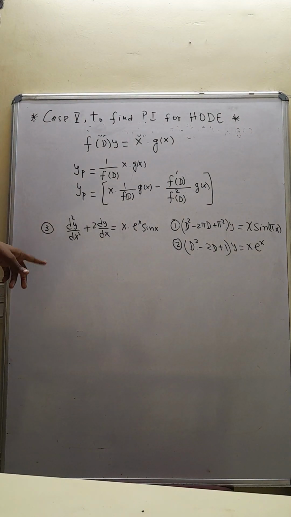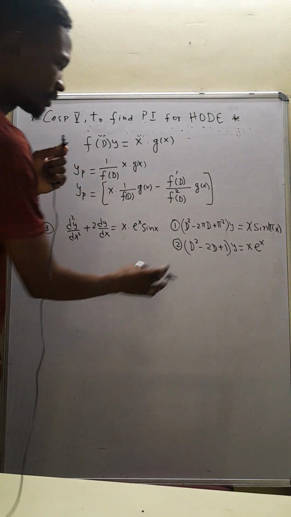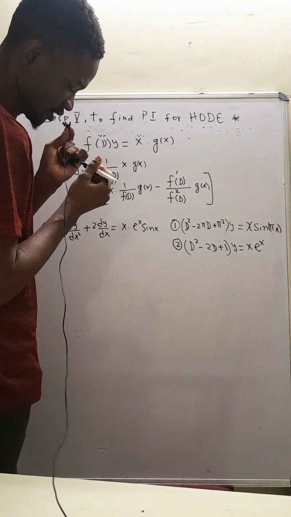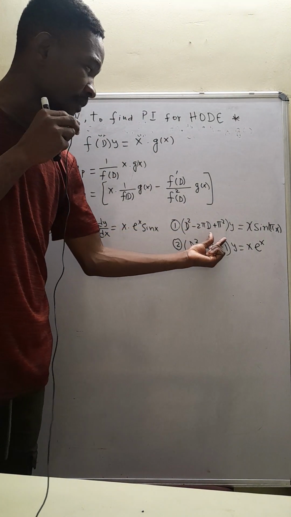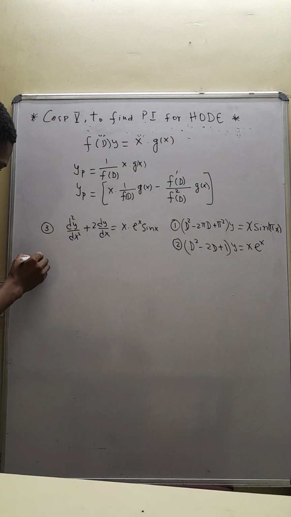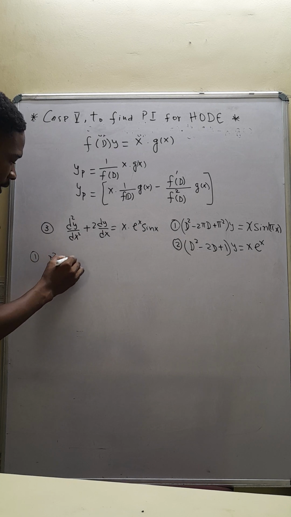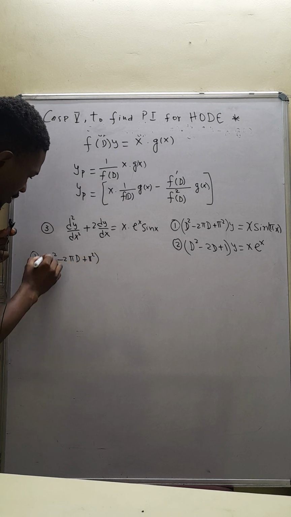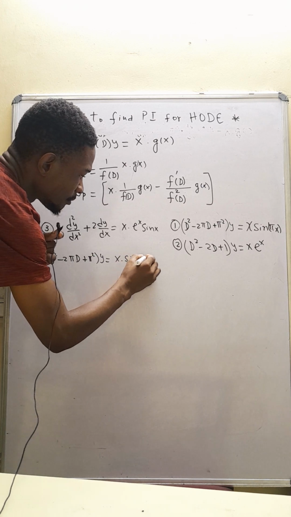Nice. So let us see how to solve this equation. Let us pick up the first question here. The first case is D squared minus 2 pi D plus pi squared, y equal to x sin pi x.